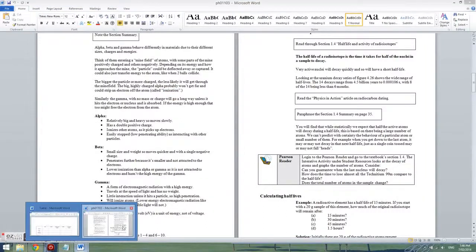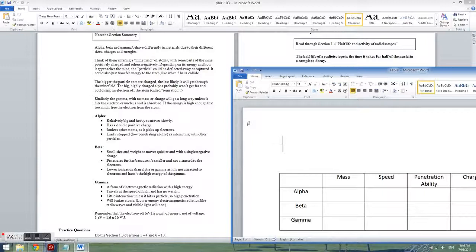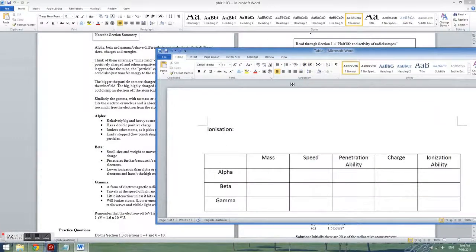ionization. Ionization is a fancy word. Basically, it means losing an electron.